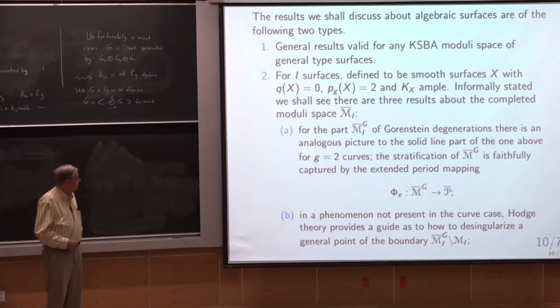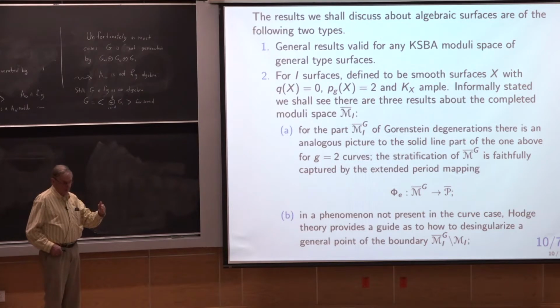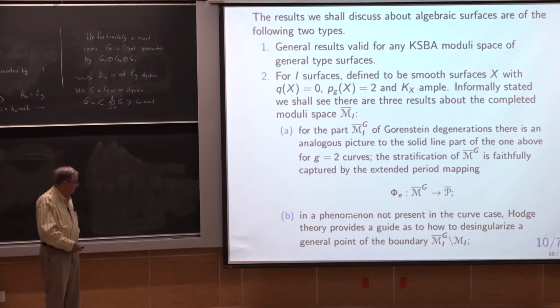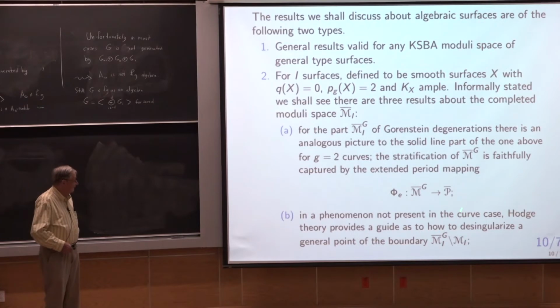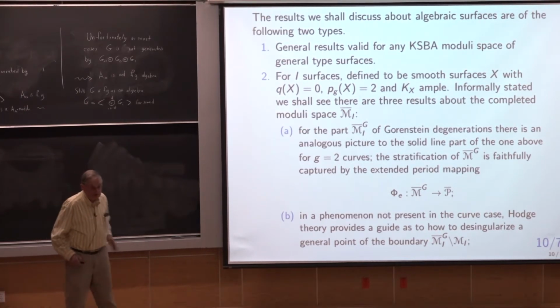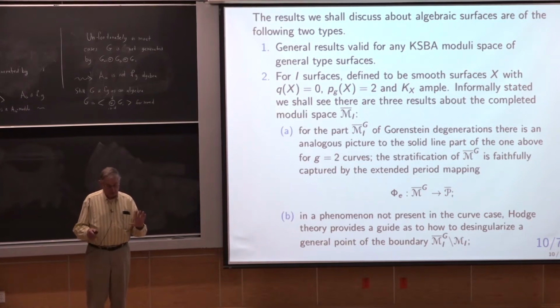Okay. So that's really very much like the curve case, except the boundary is more elaborate because you have more different types of surfaces that can turn up. In a phenomenon not present in the curve case, Hodge theory provides a guide as to how to desingularize this moduli. I should have mentioned that the moduli space for curves is essentially smooth.